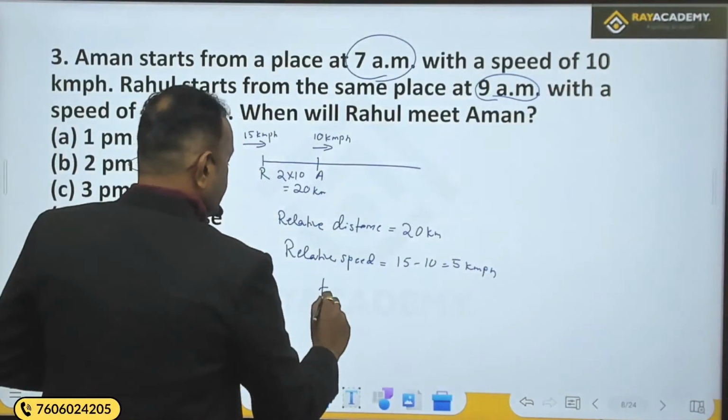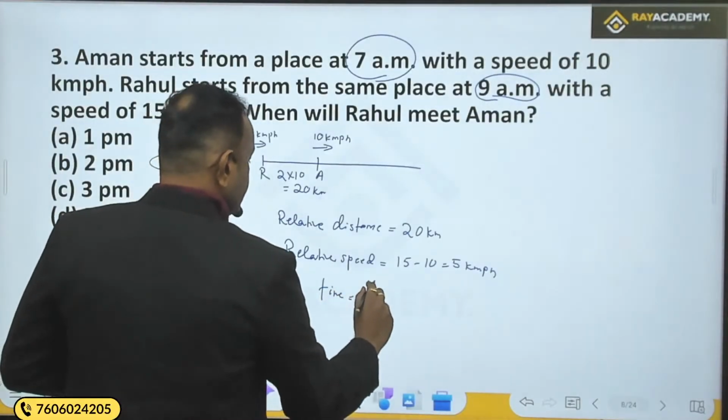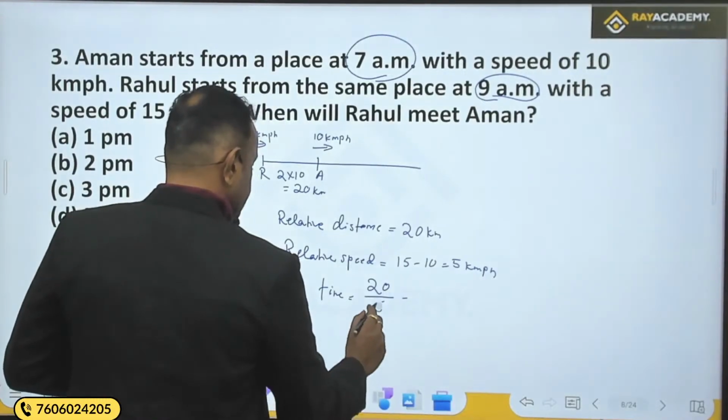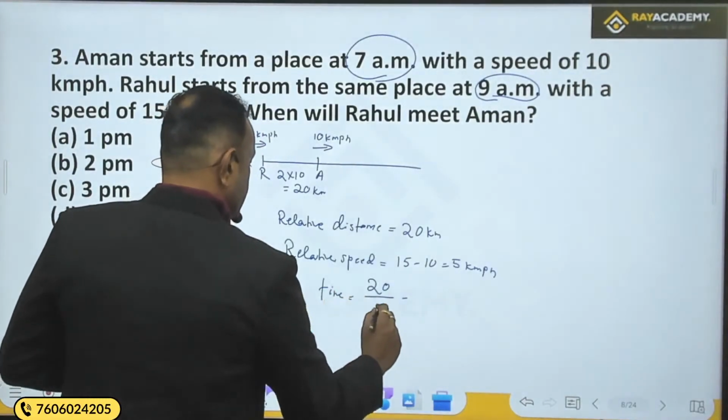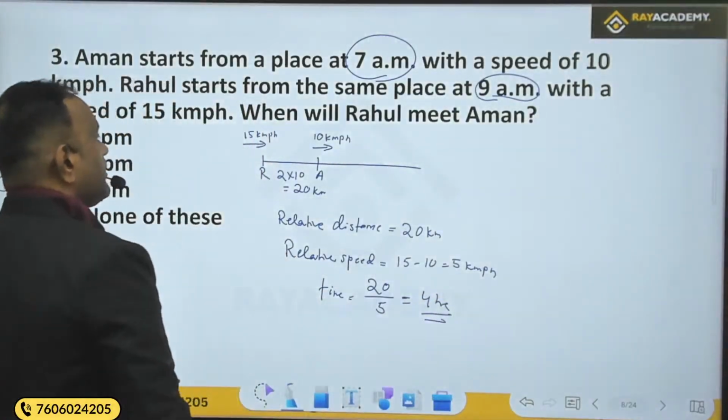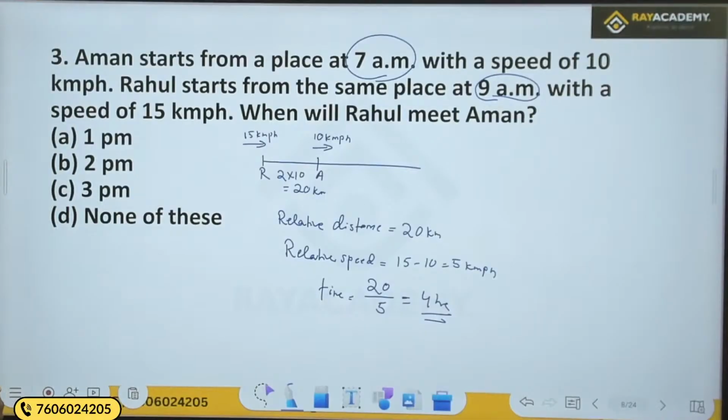So how much time will it take? Time equals distance by speed, so 20 by 5, that is 4 hours. So Rahul will take 4 hours to catch Aman.